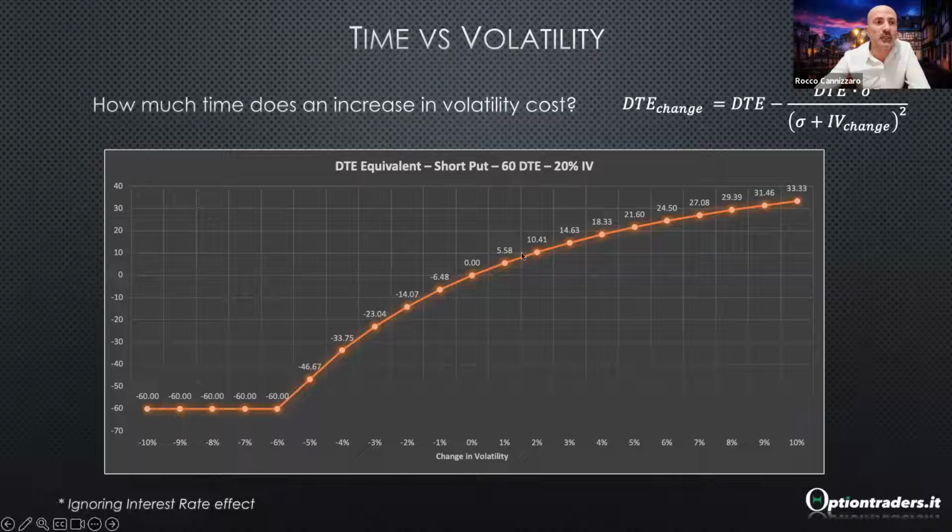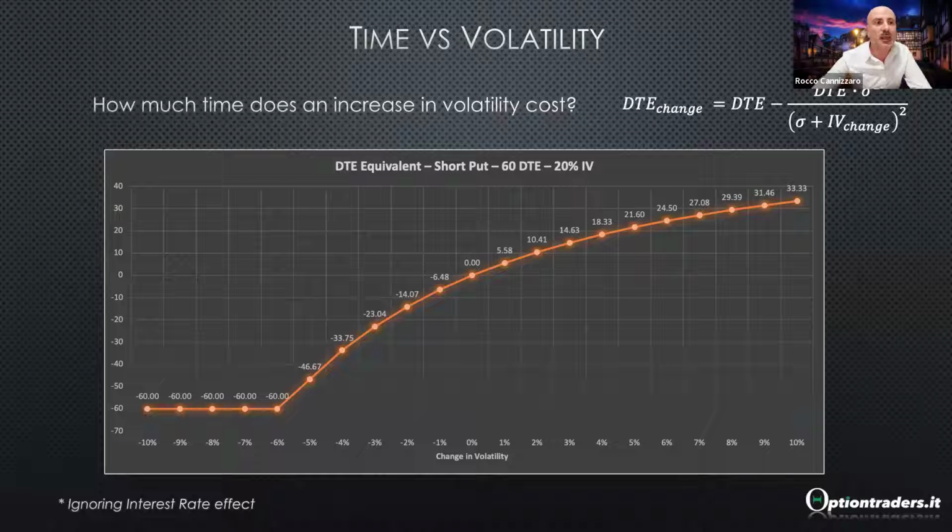So what this chart is showing you is that if the volatility increases by 1%, it would take 5.58 more days for the theta, the time decay of the put, to bring you back to where you were when you sold the put, before the volatility increased. So this shows how many days every 1% increase or decrease in volatility is going to add to you, that is, how much time you're going to have to wait before you get back to where you were before the increase of the volatility.